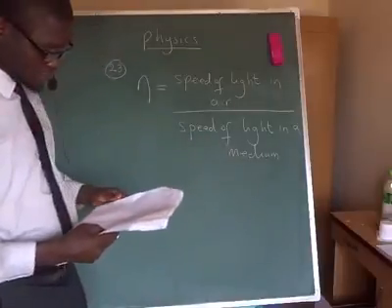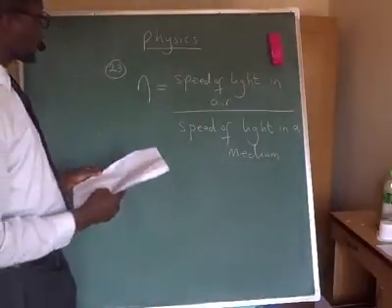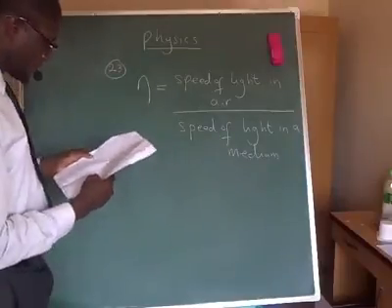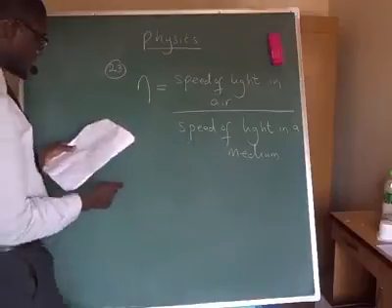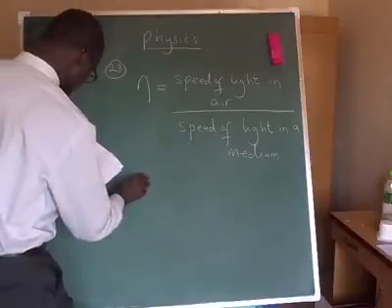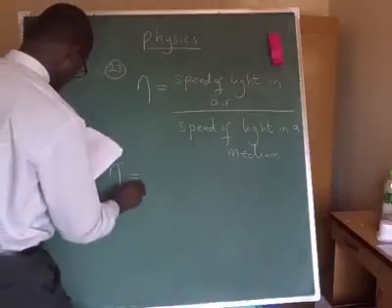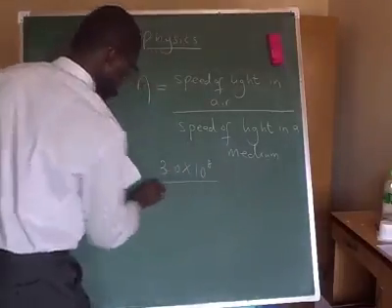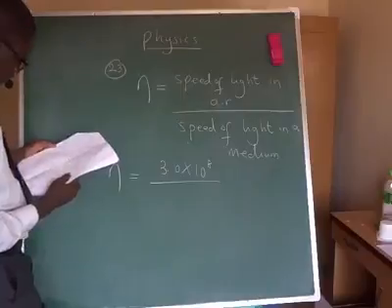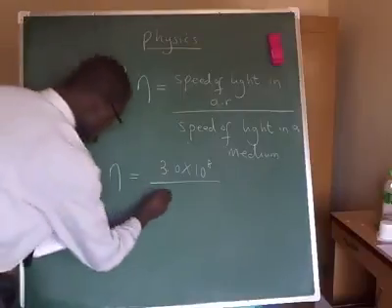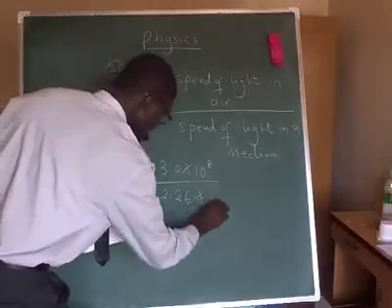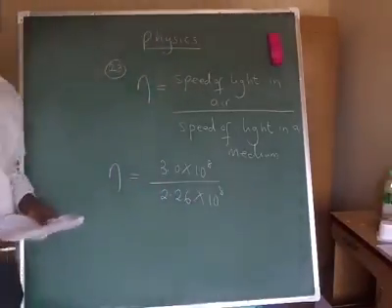The medium we are discussing in this question is water. So the refractive index of water will be speed of light in air, which is given as 3.0 exponential 8 meter per second, over speed of light in water. They say it is 2.26 exponential 8 meter per second.